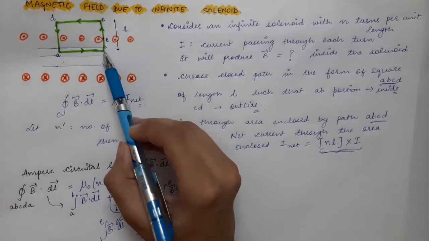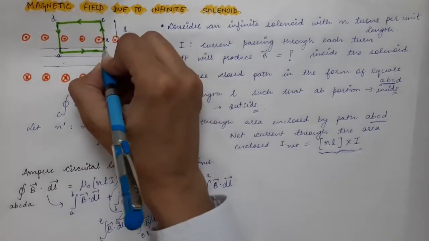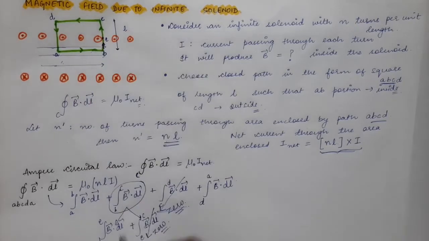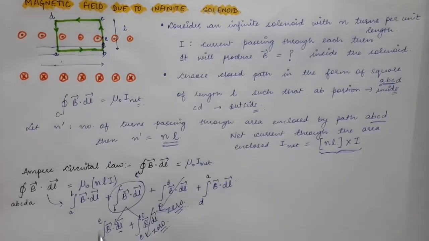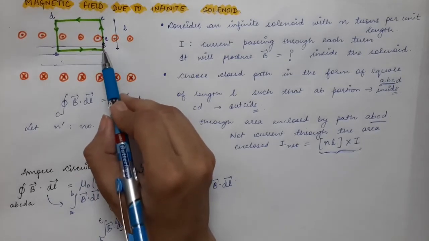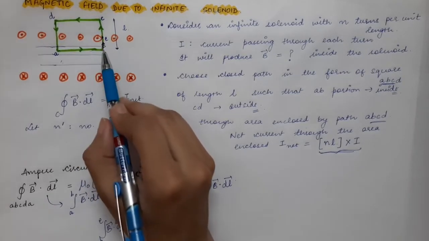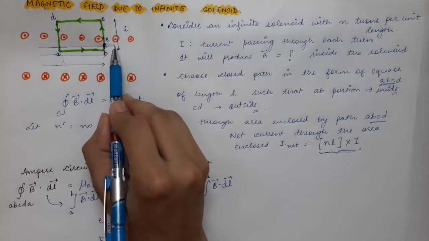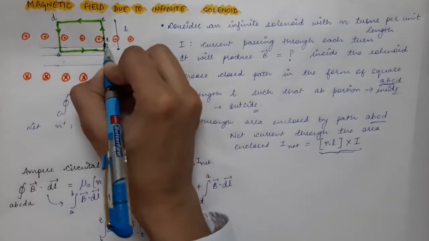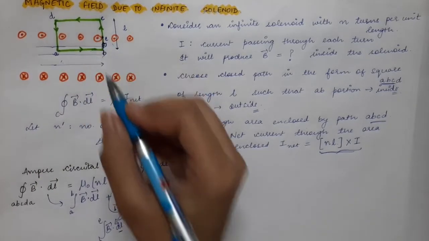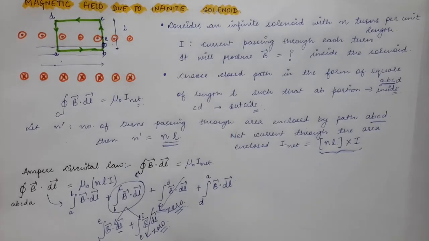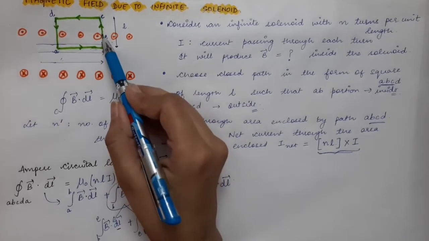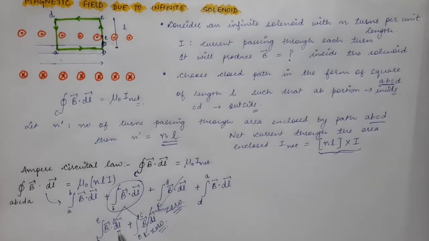When you are moving from B to E, the line element, the DL vector, will be pointed in the upward direction, and the magnetic field is pointing in this direction. So they are at 90 degrees. B vector and DL vector will be perpendicular to each other when going from B to E. So when you solve it, you will get B DL cos of 90 degrees, which will come out to be equal to 0.